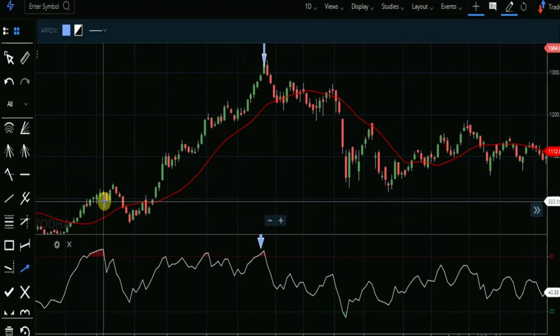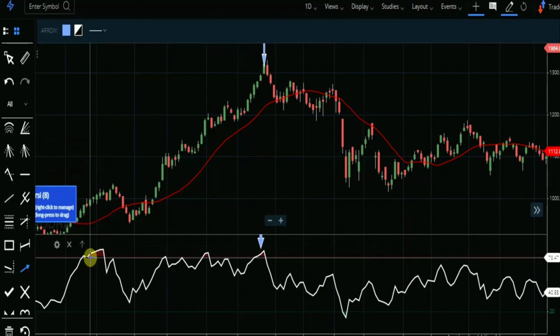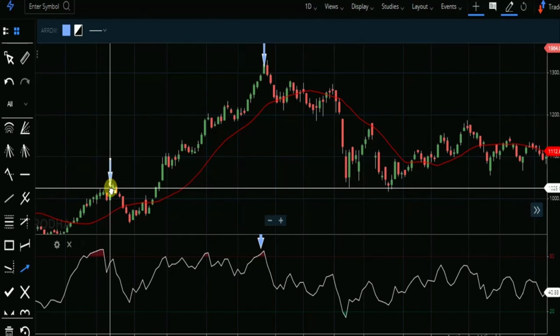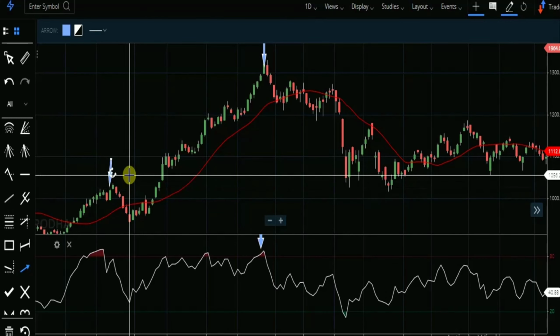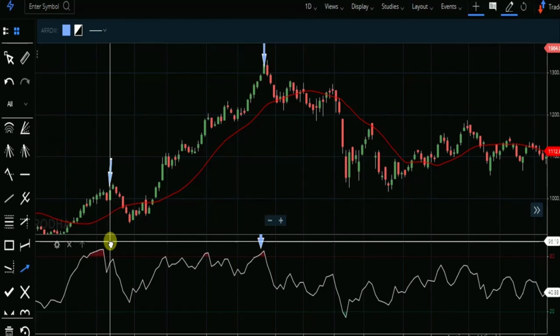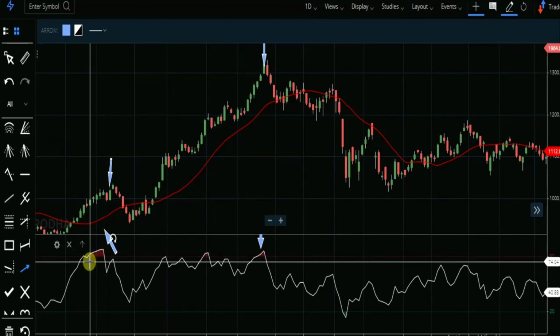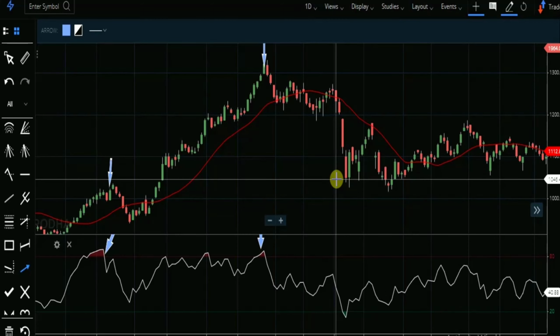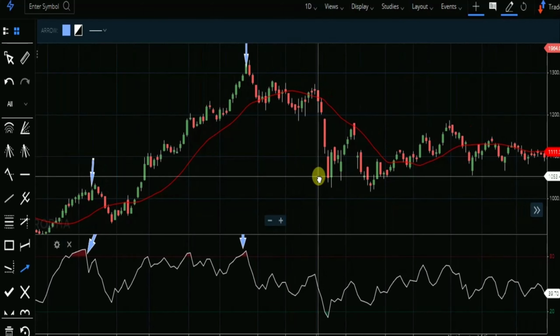Let's see another example in this chart where RSI crossed above 80. So you can see price followed the RSI and RSI came down. As soon as it went above the 80 zone, the price started moving down.